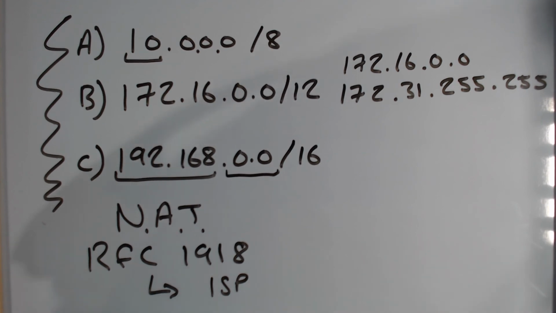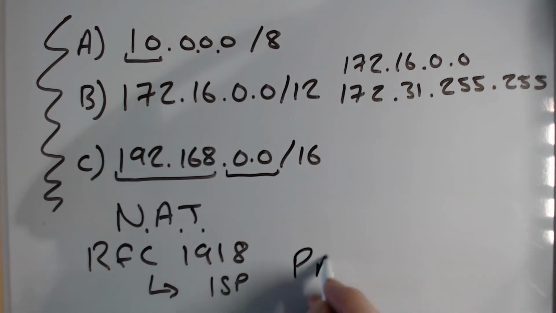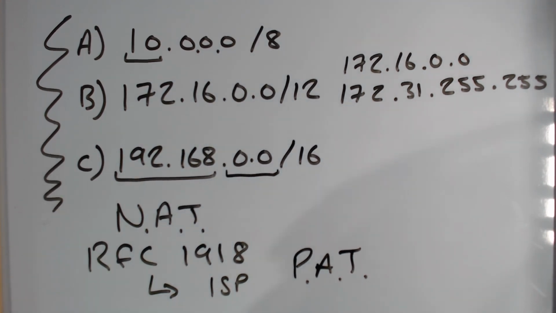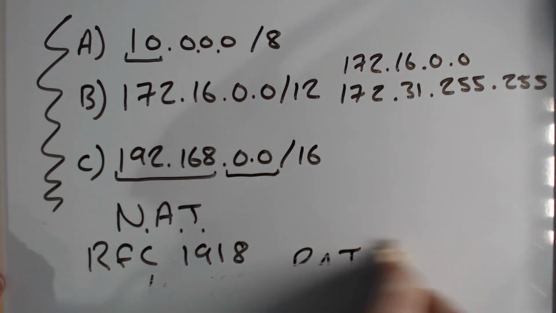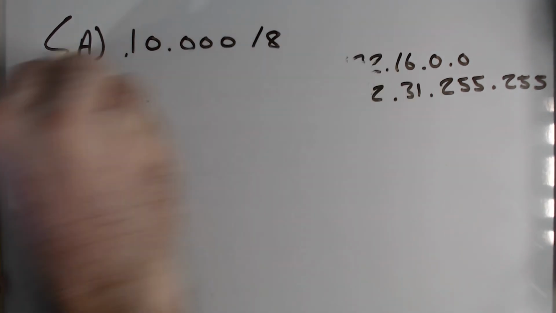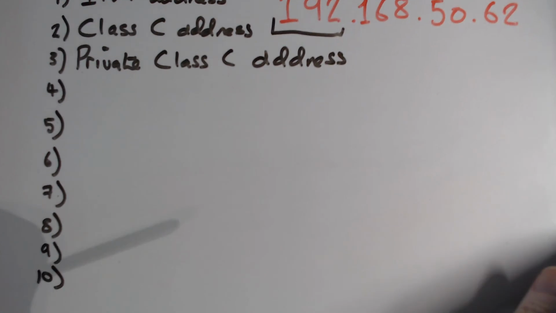It's very clever. It allows you to translate many internal private addresses to a single public address. This is normally done with a technology known as PAT, or Port Address Translation. We're going a bit deep there, so we'll skip going any further into NAT and PAT for the moment. But what we do know now is that not only is that a Class C address, but it's a private Class C address.